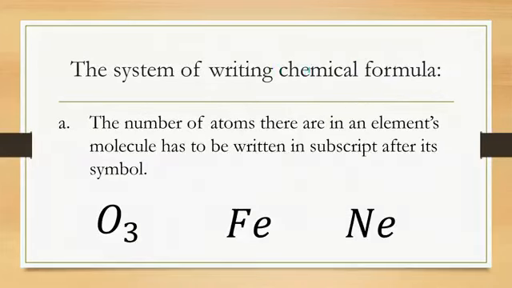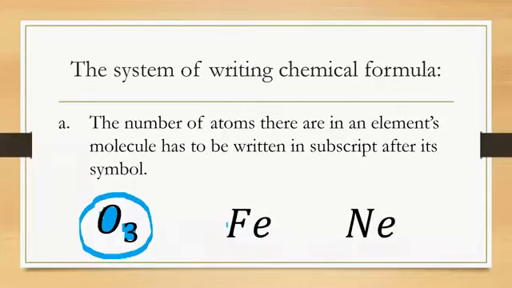In the system of writing chemical formula, the number of atoms in an element molecule has to be written in subscript after its symbol. For example, ozone: in ozone molecule there are 3 oxygen atoms. Symbol of oxygen is O. As there are 3 oxygen atoms, we have to write down 3 at the right side of the symbol as subscript.